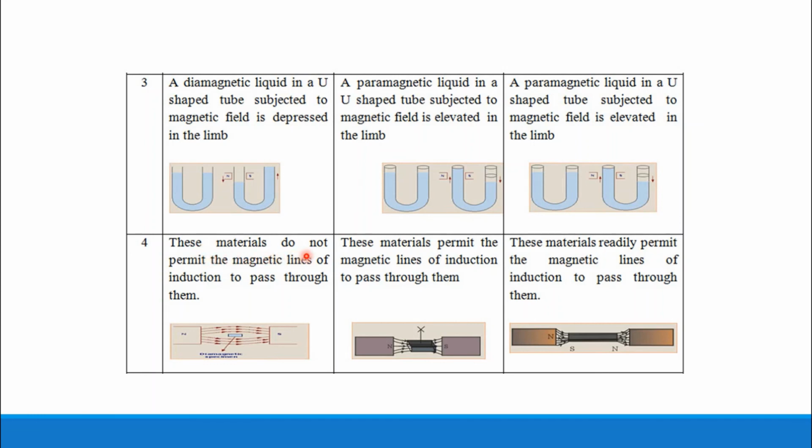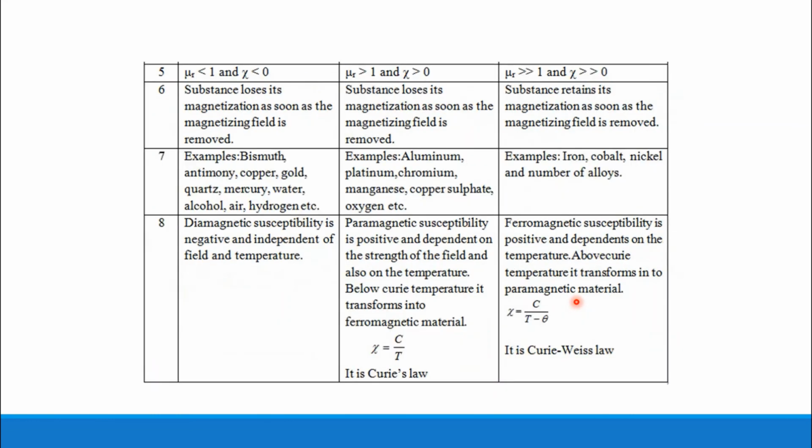Fourth one: diamagnetic materials do not permit the magnetic lines of induction to pass through them. Paramagnetic materials permit the magnetic lines of induction to pass through them. Here also the same thing, but to a greater extent for ferromagnetic materials. The fifth one: relative permeability mu r is less than 1 and chi is negative in the case of a diamagnetic substance, whereas in the case of a paramagnetic substance, relative permeability is greater than 1 and chi is positive.